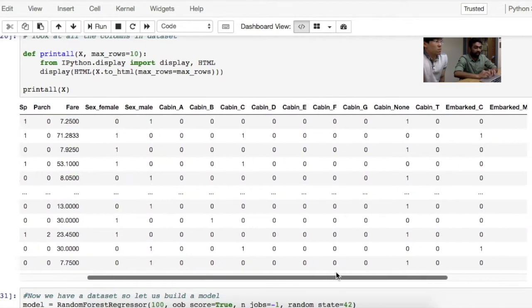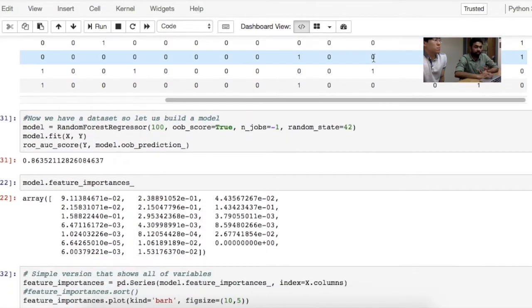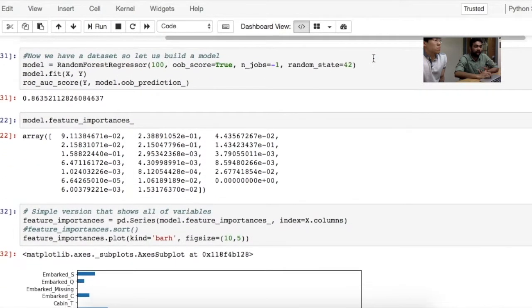Now that my machine is able to understand the data, it can give me the results I need. That's how a machine learns, in the form of ones and zeros.